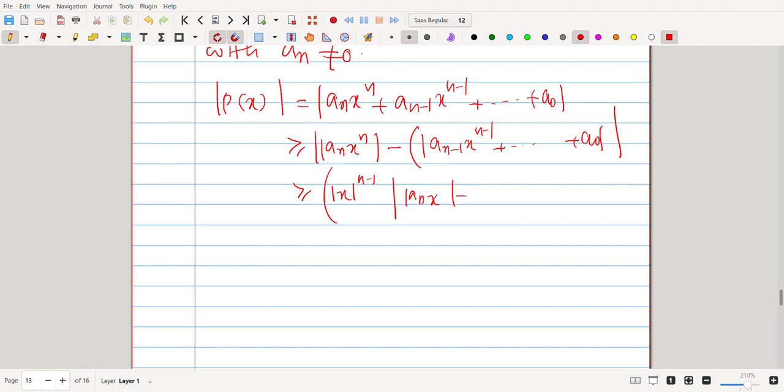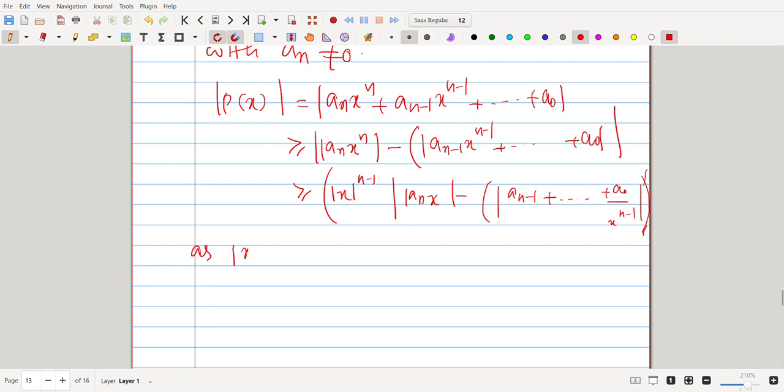You can do it in a different way also; how you use the inequality is what is important here, nothing else. So it's not a big issue. Okay, so this is happening now.